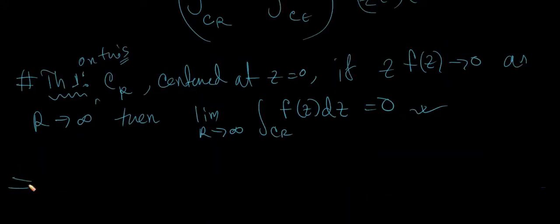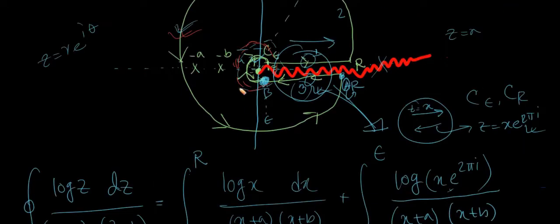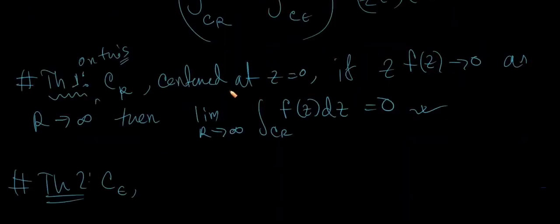Alright, and I want to use another theorem. Obviously you have also seen this theorem in a very informal manner, but it's nonetheless important. This theorem tells us that suppose on the C_epsilon, that means the smaller circle over here, you have (z minus z naught) times f of z that goes to 0 uniformly.